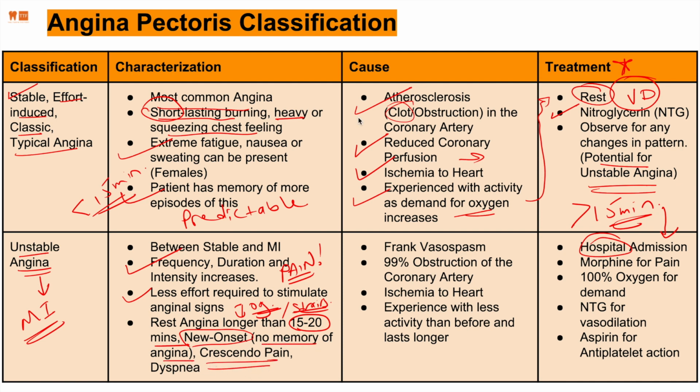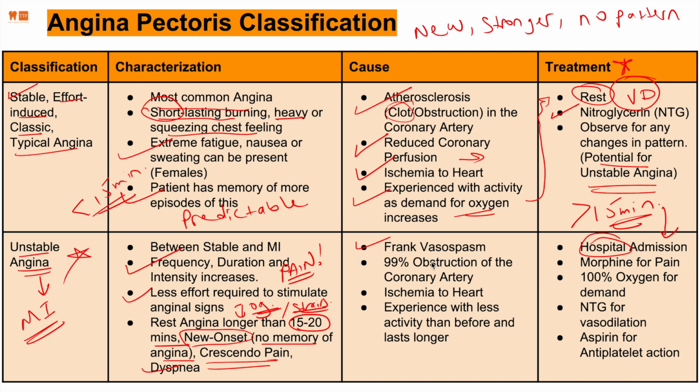Crescendo pain pattern. Crescendo pain pattern is new, stronger, and no pattern. That is crescendo pain. It's new. And then, of course, dyspnea we talked about is out of breath. All of these can signify unstable angina.